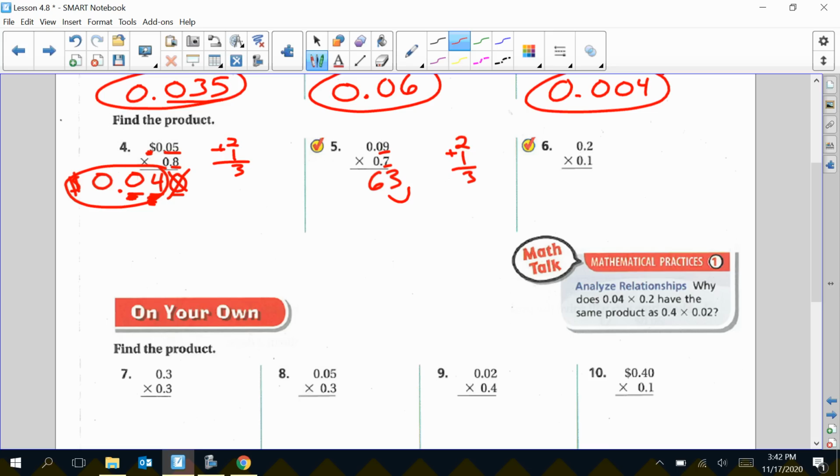So we're going to swoop it over 1, 2, 3, put our decimal point here, add a 0 in the tenths place, also have to add a 0 in the ones place, and our answer is 63 thousandths. Just like the book said earlier, when you have hundredths times tenths, you should have an answer in the thousandths place.